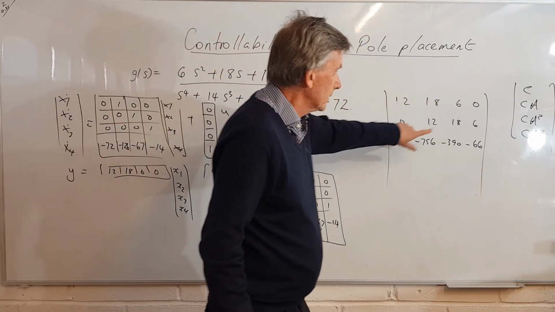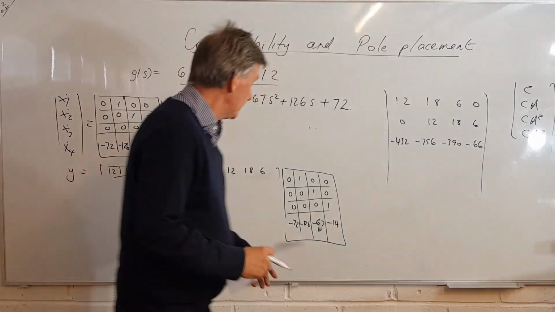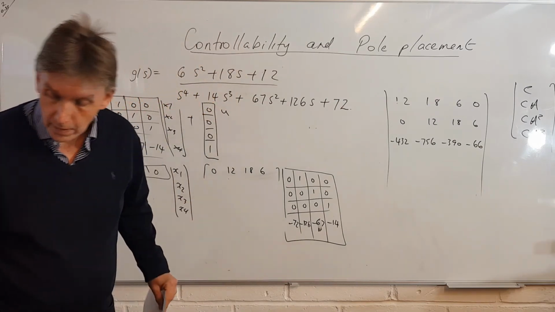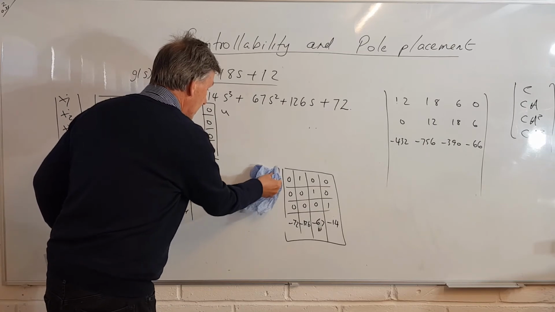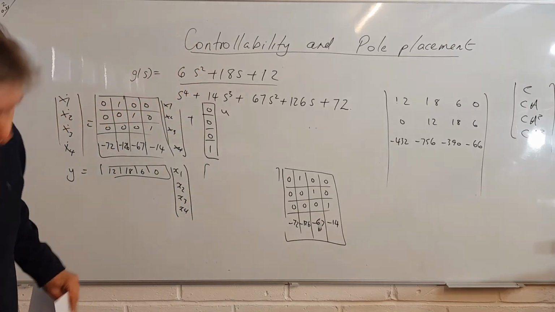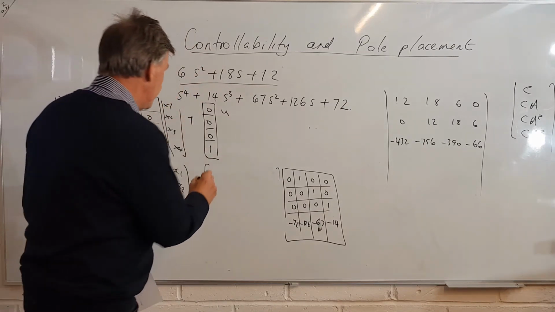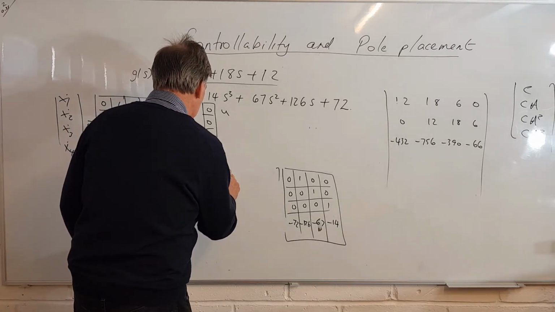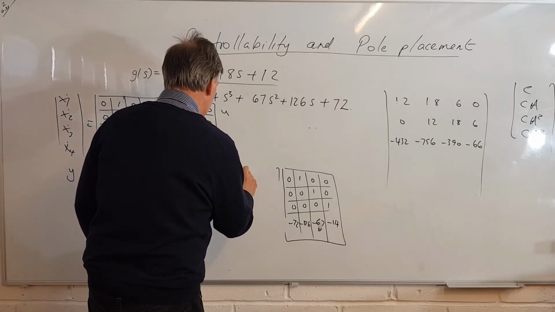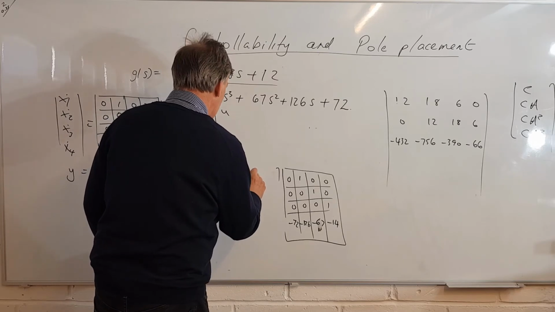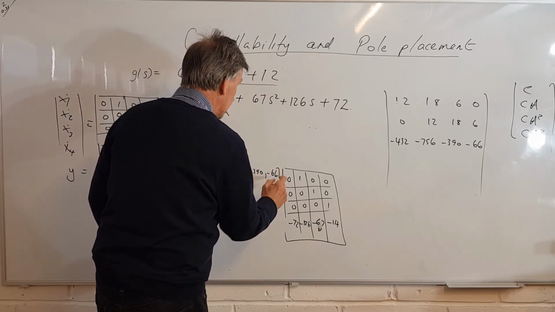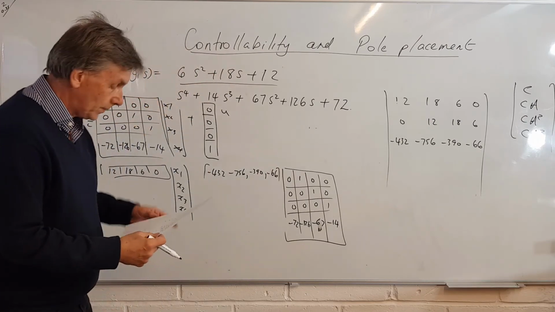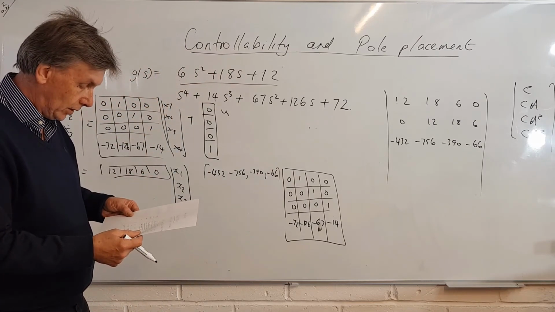This now represents CA squared. If we now replace this row with CA squared, which is minus 432, minus 756, minus 390, and minus 66, and multiply this by A, we end up with CA cubed.